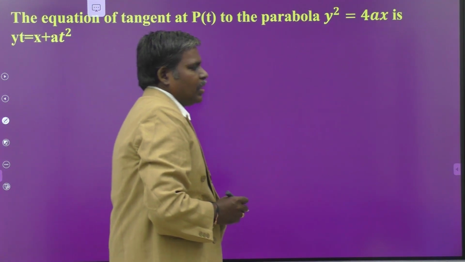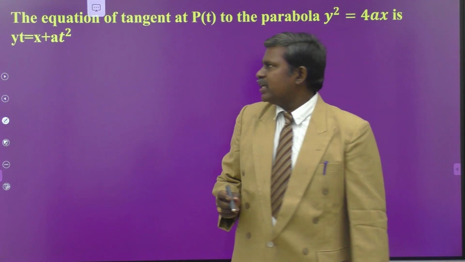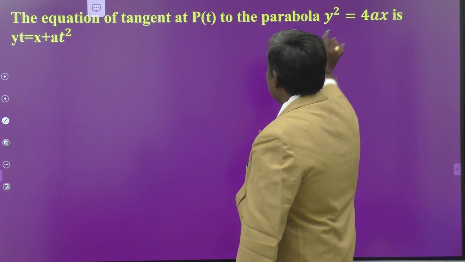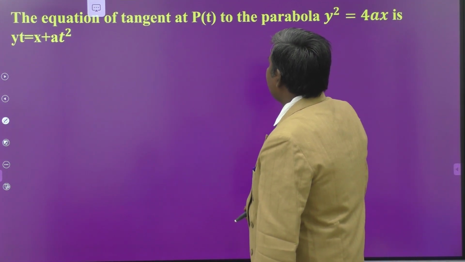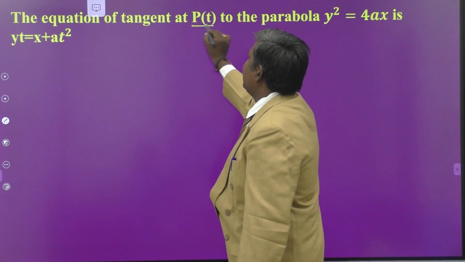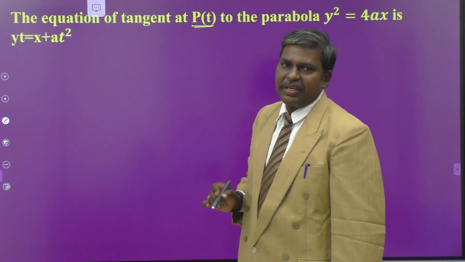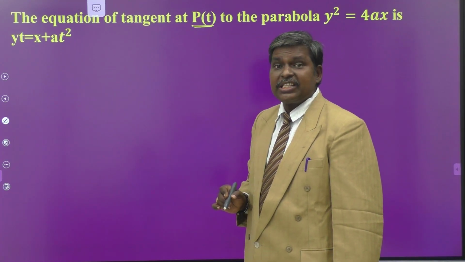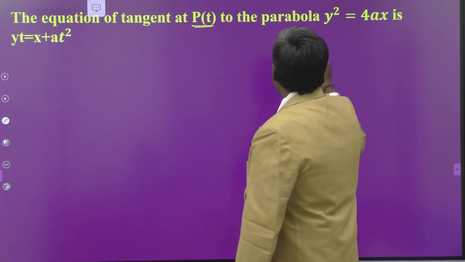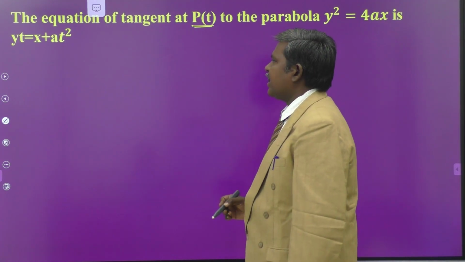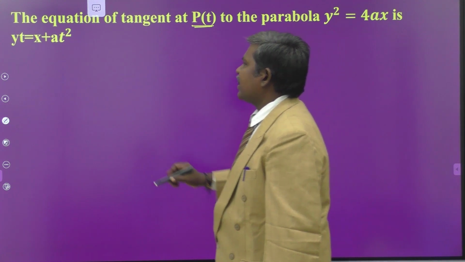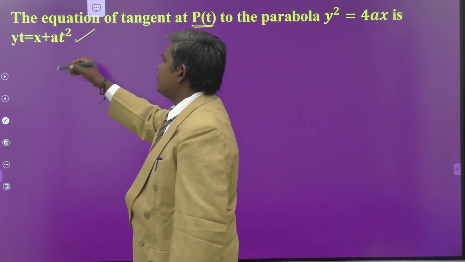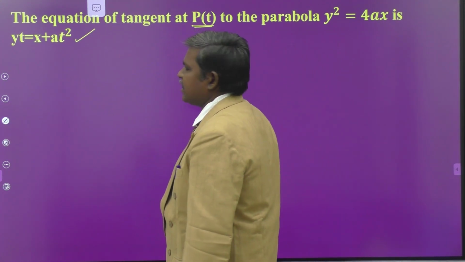Now, with the help of the above result, we can prove the next one. The equation of the tangent at P(t), meaning the point P in parametric form (at², 2at), to the parabola y² = 4ax is yt = x + at². That means ty = x + at².